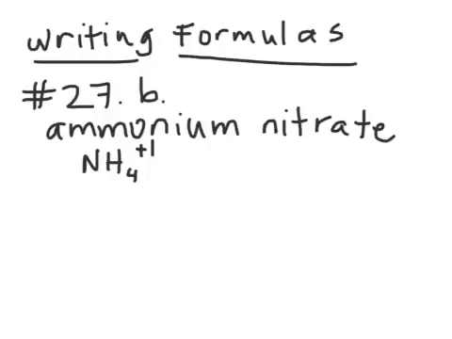And what's nitrate? I'll wait. Raise your hand for points. That's right. So this is fairly easy, because when you write a formula, you want the ions' charges to add up to 0.